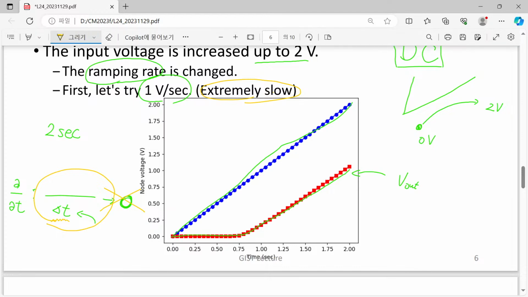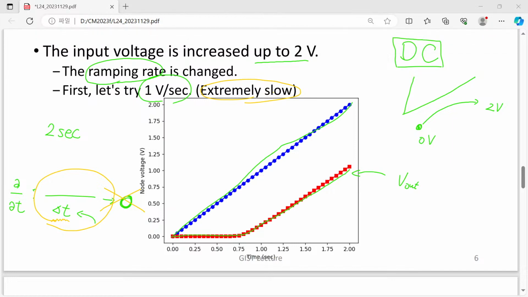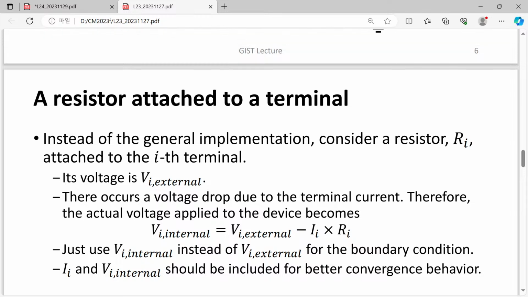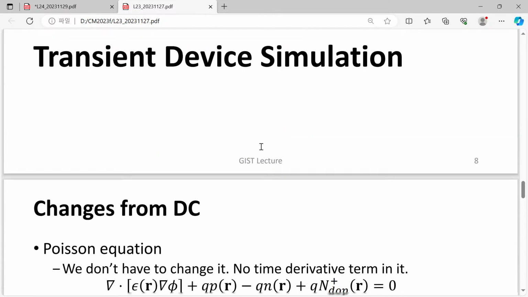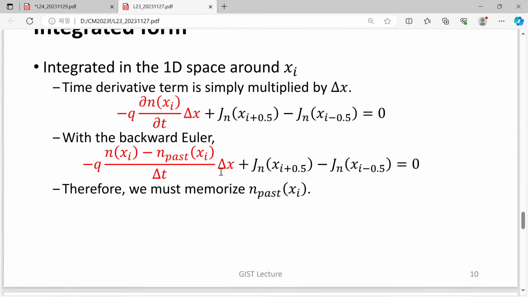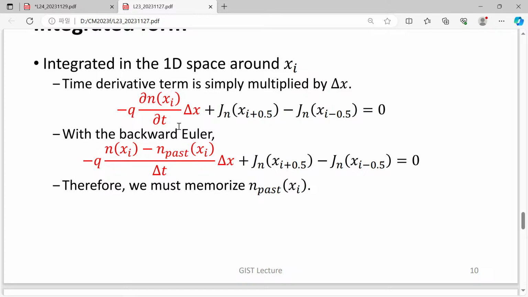Okay, for your reference, I just wanted to open our previous file. In this transient simulation, what we have to do is consider these additional time derivative terms, and the implementation can be done in this way.